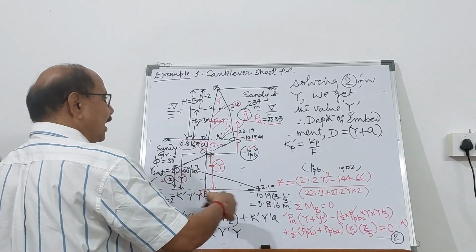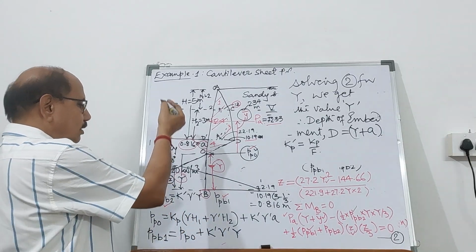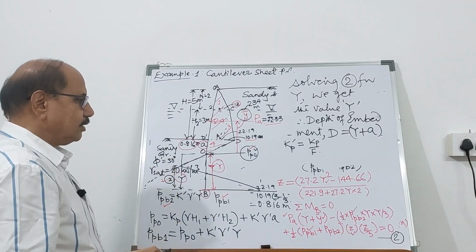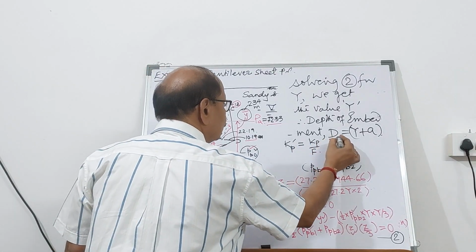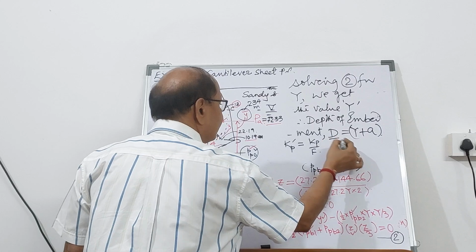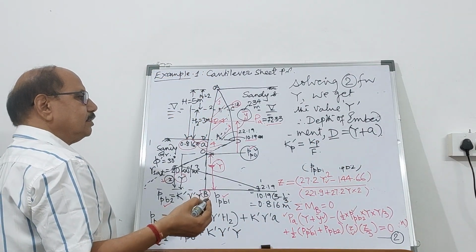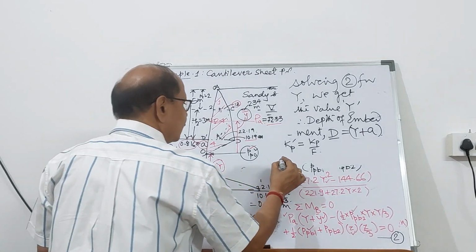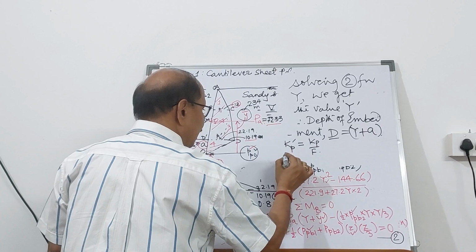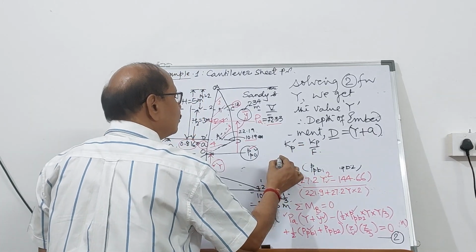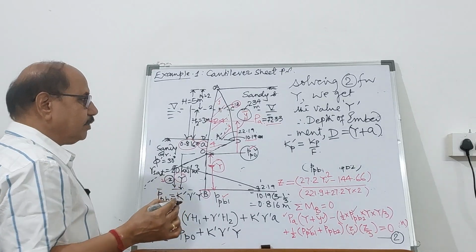This way, we can attempt this problem and completely solve it. Once we get this, the depth of embedment is known to you. Increase this depth of embedment by 30%, and the depth to be provided, this is for factor of safety equal to 1. So you can find out the value of depth of embedment.